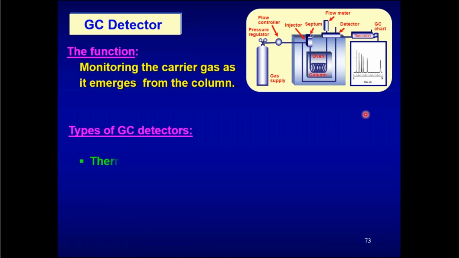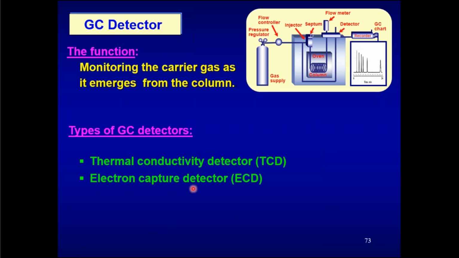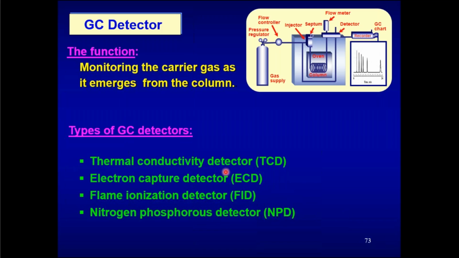So the different types of GC detectors that you have in your syllabus, and these are the commonly used ones, include the thermal conductivity detector, in short called TCD. It has one more name, it is called cathodometer. Second one is the electron capture detector, ECD, the flame ionization detector, FID, and the nitrogen phosphorus detector, NPD.